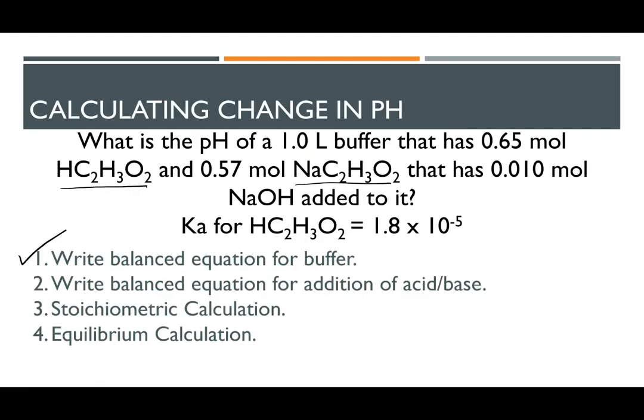Done. Step 2, write a balanced equation for the addition of the strong acid or strong base. So in this case, sodium hydroxide is being added. Hopefully by now you guys recognize that as a strong base.